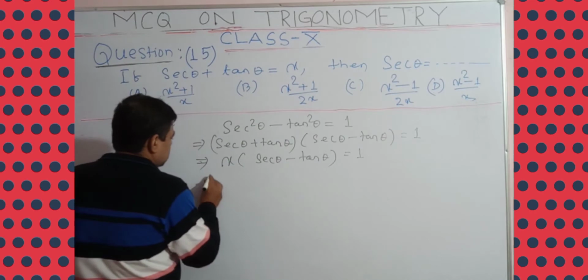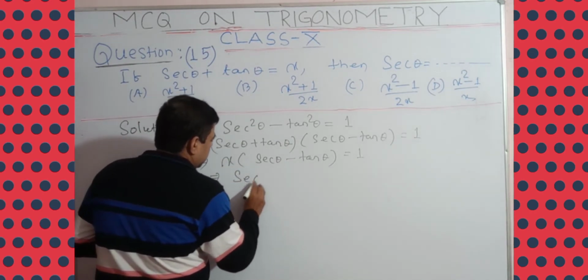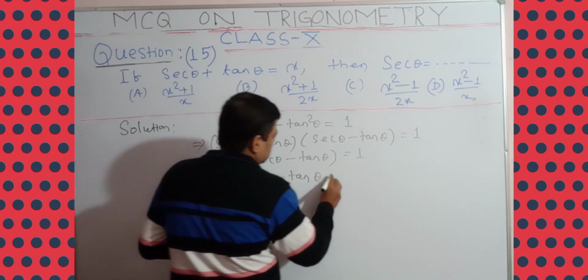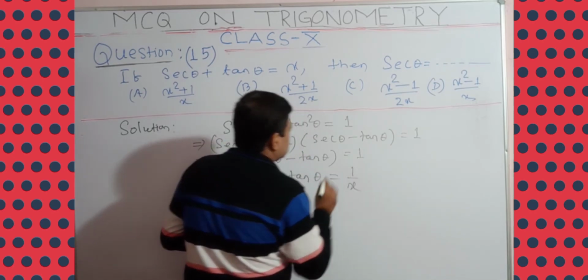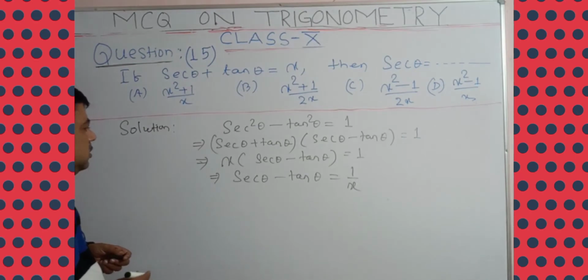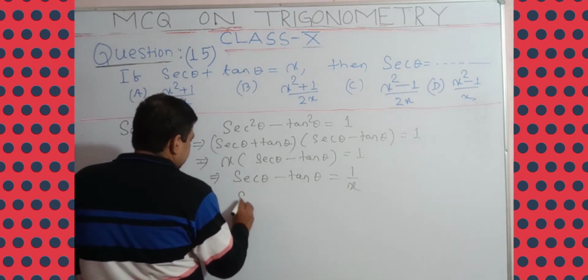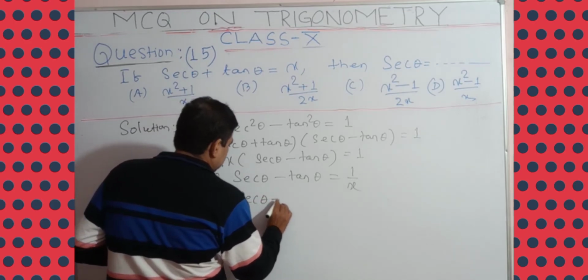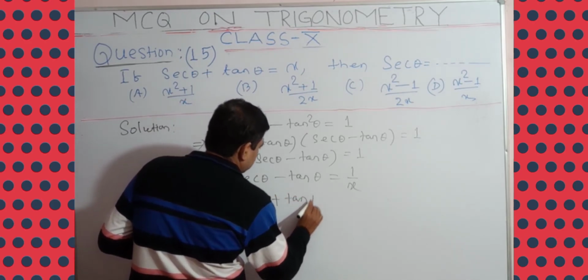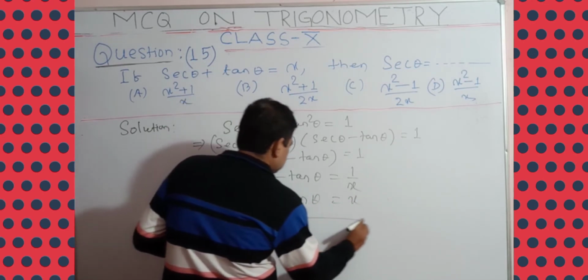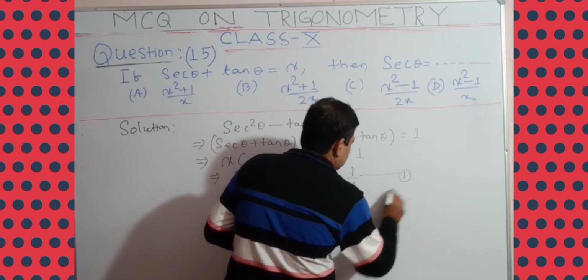So you can find sec theta minus tan theta is equal to 1 upon x. Understand? What is given? Sec theta plus tan theta is given as x.